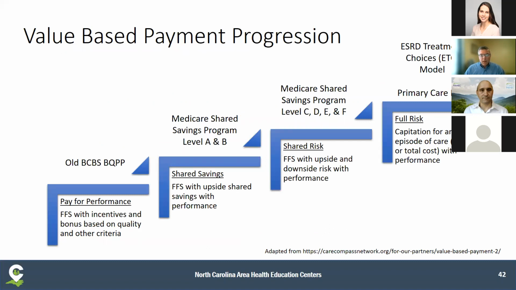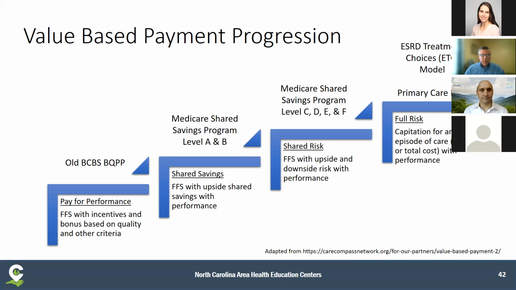Another good thing to understand is how contracts might progress from a very basic, more pay for performance, fee for service, up to a full risk potential contract. So this is a slide that stair steps up, with some examples along the continuum of different types of value-based payment arrangements.